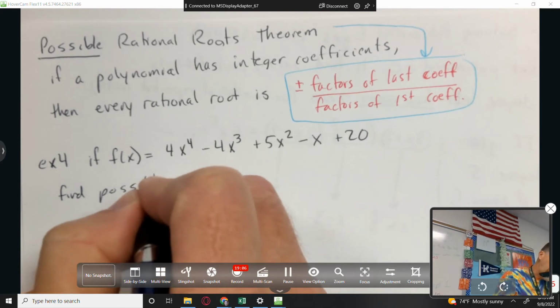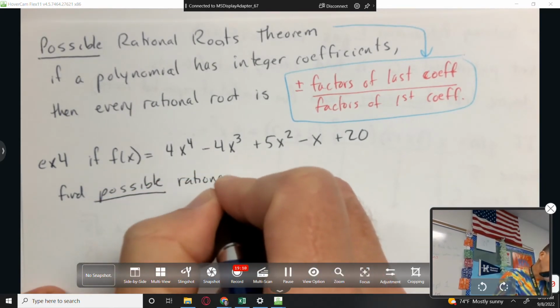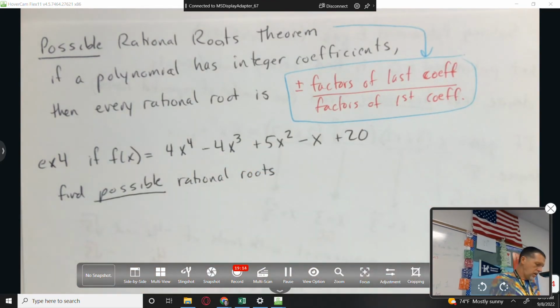We're not actually going to find the roots yet. On the next example, we'll actually find the ones that work. But first example is, let's just find the set of numbers that might work.